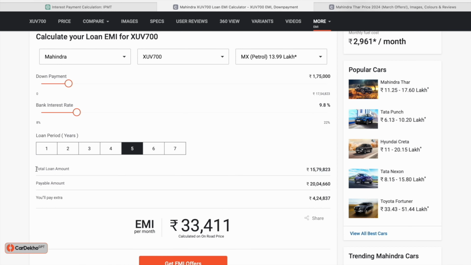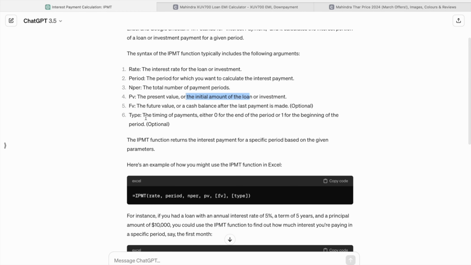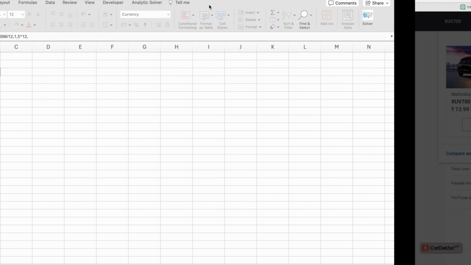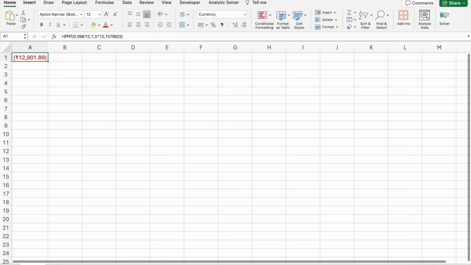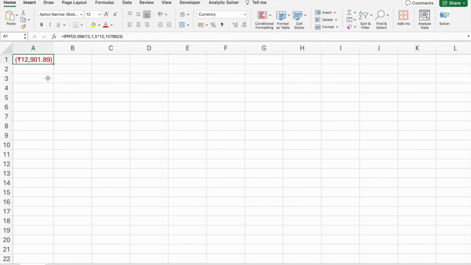Here the total loan amount is 15,79,823. So let's calculate the interest for the first month. As you can see, this is the interest which we're going to pay in the first month.